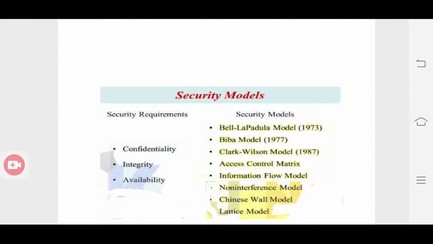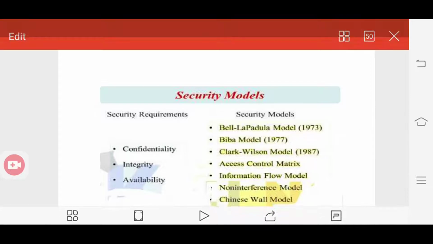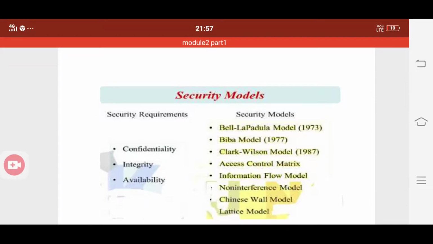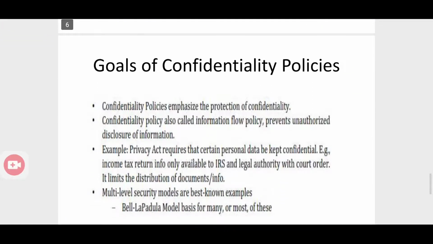For achieving these security requirements, we have a large number of security models, like the Bell-LaPadula model, Biba model, Clark-Wilson model, access control matrix, information flow model, non-interference model, Chinese wall model, lattice model, waterfall model, etc. We can study these security models in detail in later chapters.